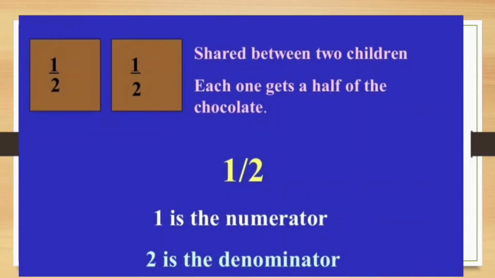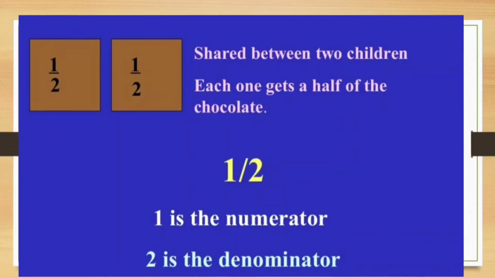Yes, great. So now we can see here that the chocolate pieces are divided into two. One I will take and one you will take. So can you see the two pieces of chocolate here? Yes, and they are shared between two children and each one of them is going to get half.